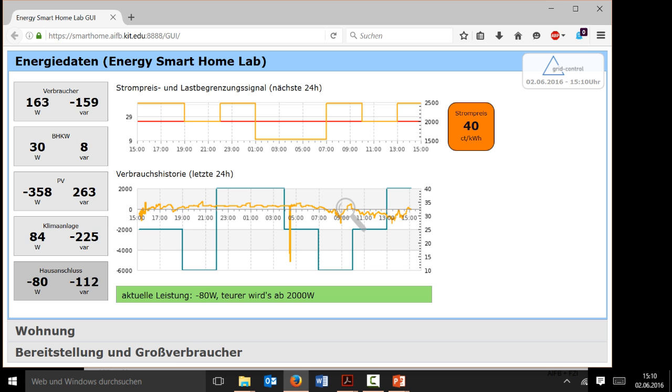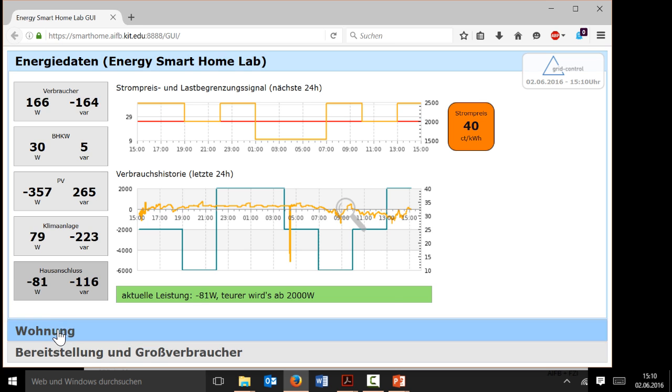The load limit, the power limit, is just stable, currently at 2000 watt, so 2 kilowatt. It could be variable; we don't make it variable at the moment. You see the current price, 40 cents per kilowatt hour. So that's the information we provide in this area.